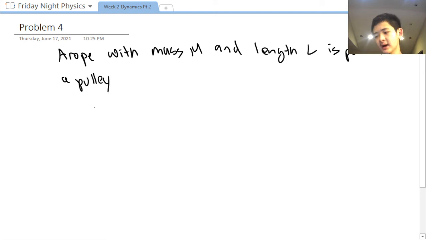So like at the same height. And then the rope is pulled down on one end by a length x, and we want to find the instantaneous acceleration when it's let go.